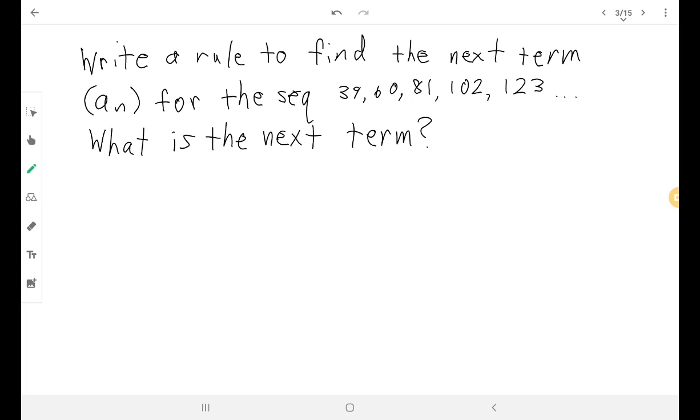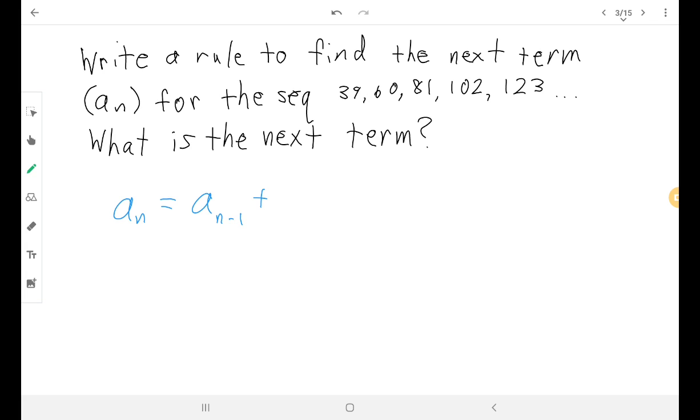So the idea is, for the nth term, we're going to take the previous term, that's the n minus 1th term, the term right before the next term, and we're going to add whatever the common difference is.